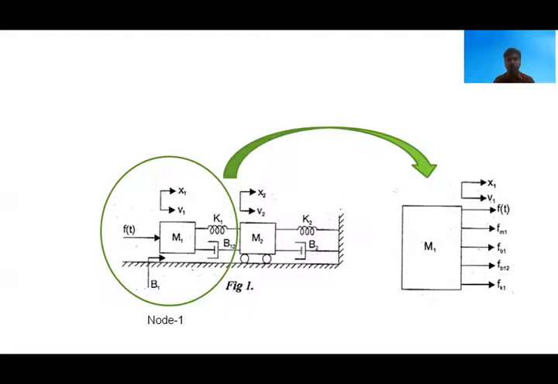F of t is the applied force and FM1 is the opposing force on M1. FB1 is the opposing force due to viscous friction between the surface and M1. FB12 is the opposing force acting in between M1 and M2 due to the B12 dashpot. FK1 is the opposing force due to the K1 spring connected in between M1 and M2.